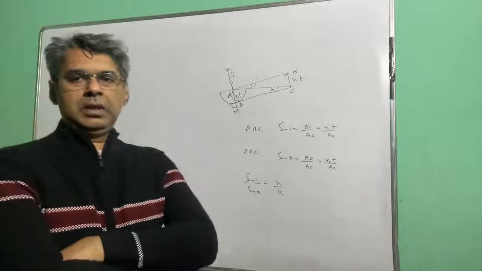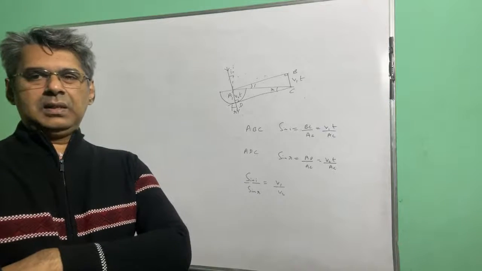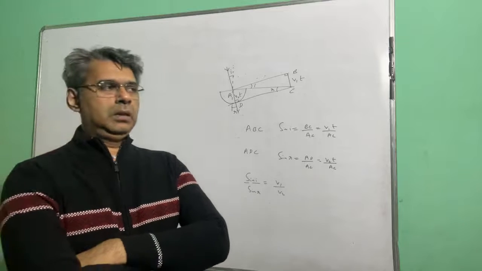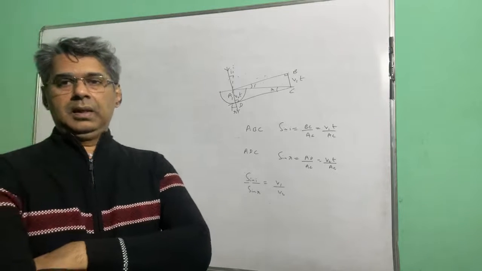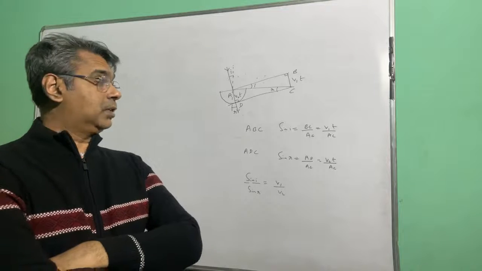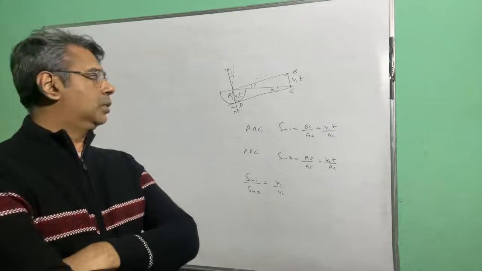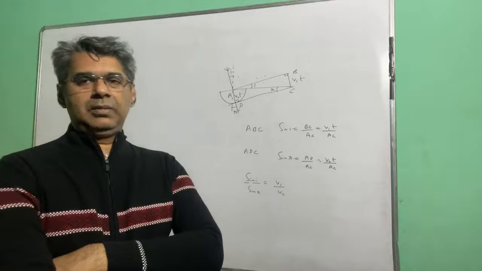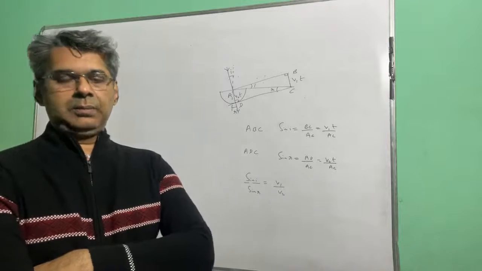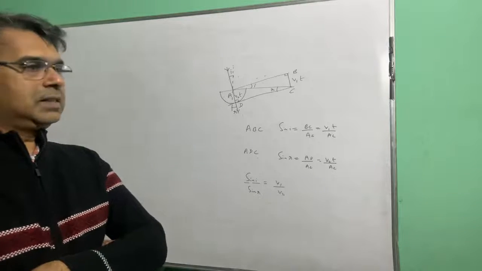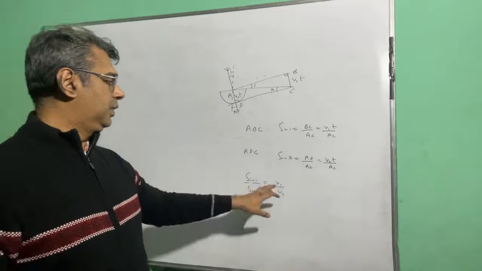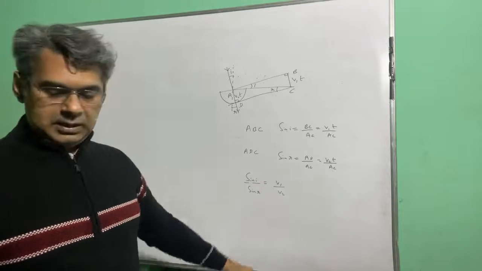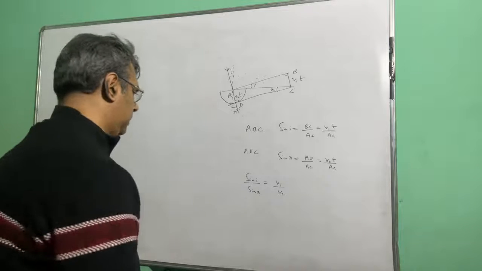For the same temperature and physical conditions, the speed usually will not change. Not speed of sound, speed of light. The speed of light usually will not change for that particular medium, unless there is a drastic alteration in the physical conditions. So V1 by V2 is a constant. This is known as refractive index.